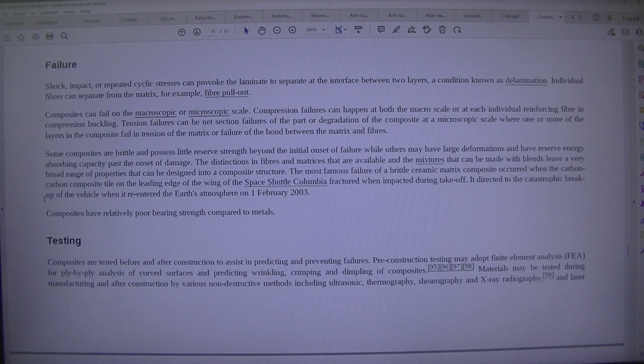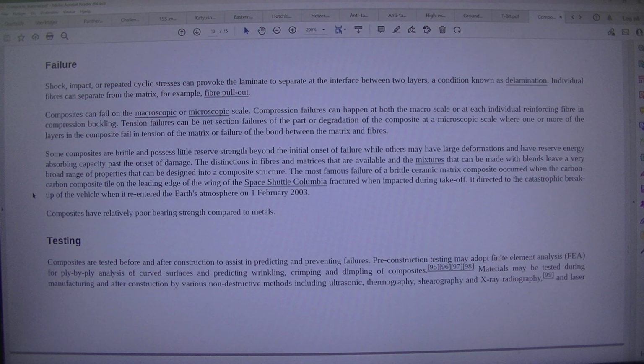Compression failures can happen at both the macro scale or at each individual reinforcing fiber in compression buckling. Tension failures can be net section failures of the part or degradation of the composite at a microscopic scale, where one or more of the layers in the composite fail in tension of the matrix or failure of the bond between the matrix and fibers.